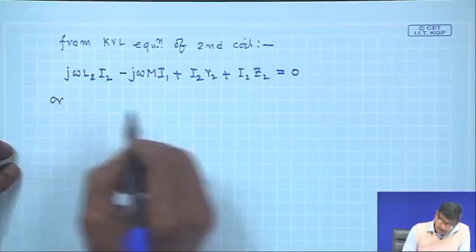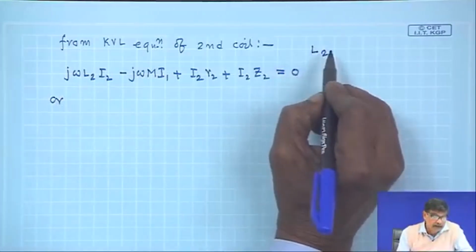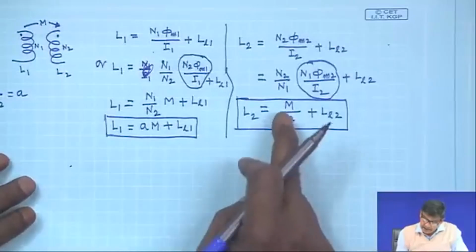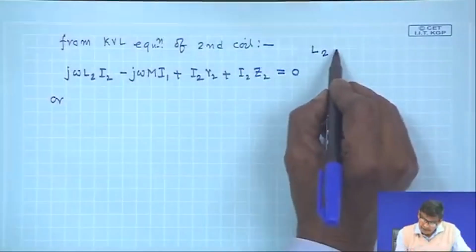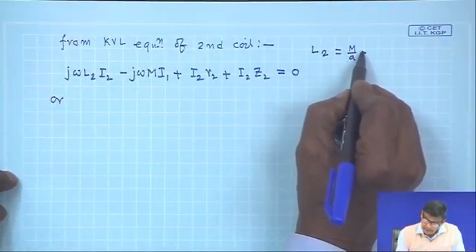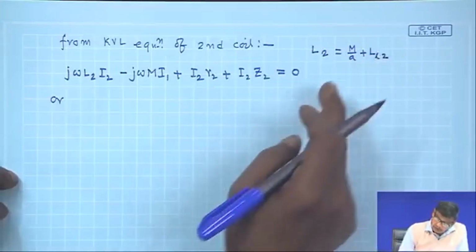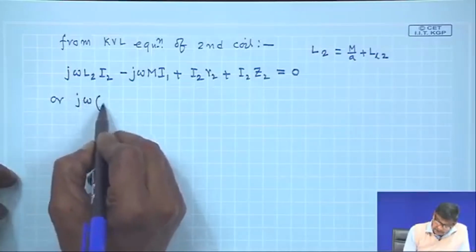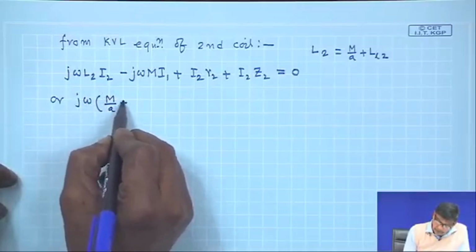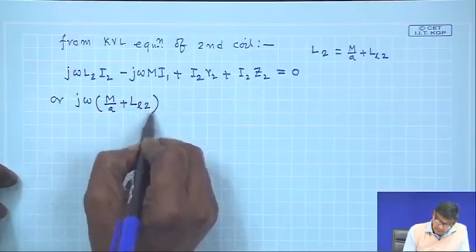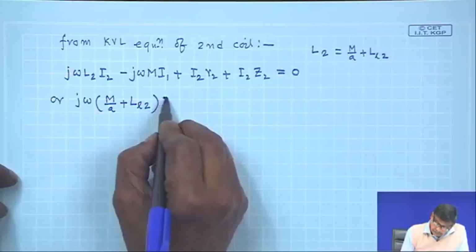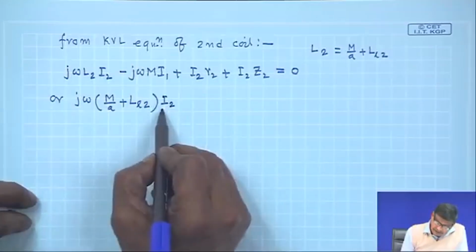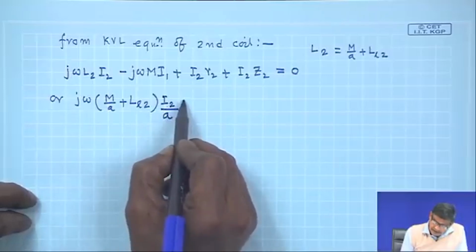Then what I am going to do is recall that L2 is equal to M by a plus LL2. That I will plug in for L2 here, that is M by a plus LL2, into I2, and wherever I2 is there, you do this: I2 by a into a.